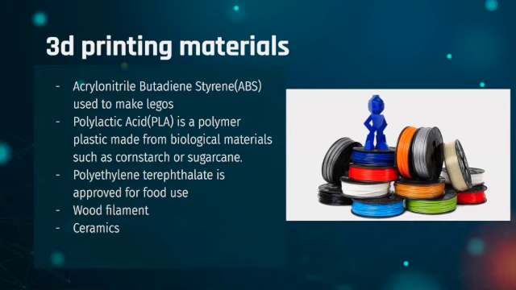Plastic. Yeah, there's a lot more. Like I said before, you can use other things like I mentioned before. There's metal, chocolates, plastic. Wait, so if you put metal into the thing, will it print your thing in there?